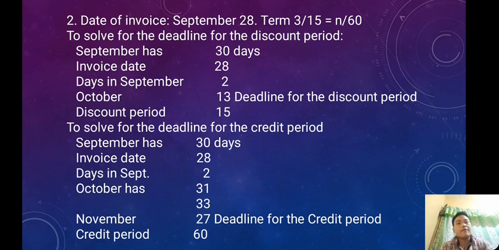Since we have a credit period of 60, it means that November 27 will be the deadline for the credit period. But you can compute it with a different method, or just by looking at the calendar on your phone or at home. That was the process of computing the deadline for the credit and the discount period.